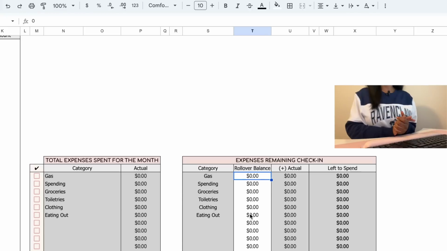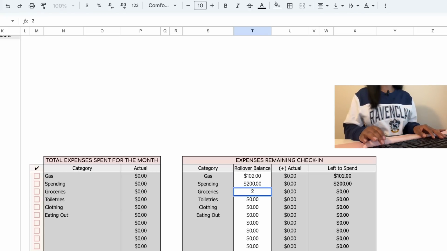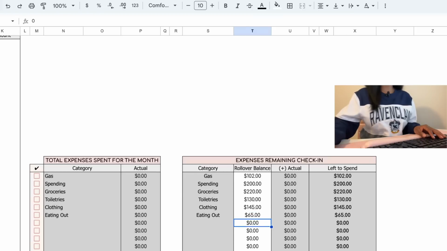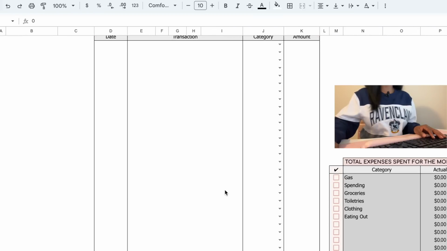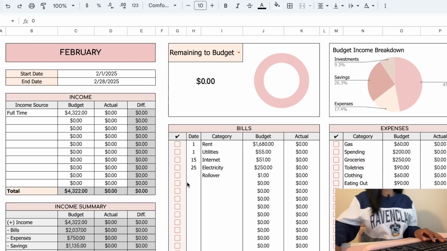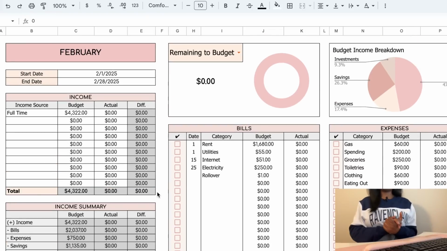So as we saw, gas had a remaining $102, spending had $200, groceries with $220, toiletries at $130, clothing $145, and eating out with $65. All right, so there we go. After all of that, that should complete our breakdown for February. Excited to see how the month plays out. And yeah, that should complete how we're gonna budget.